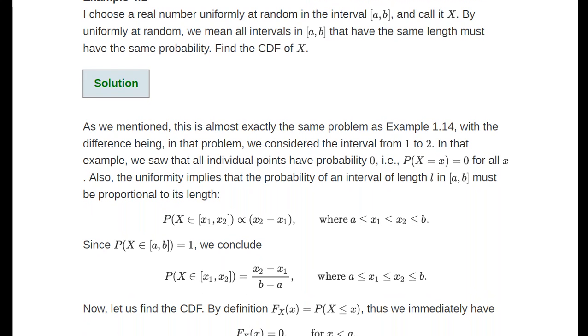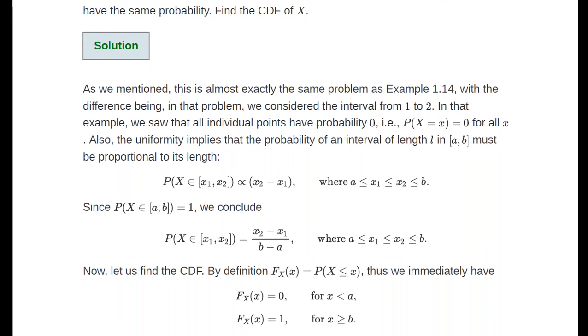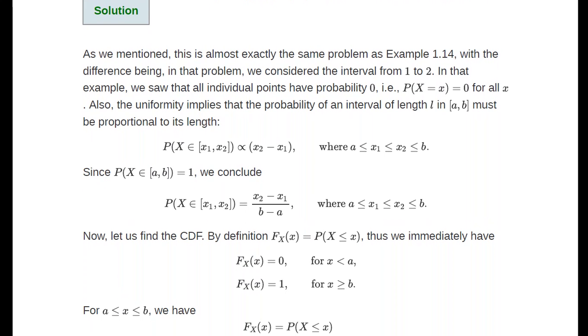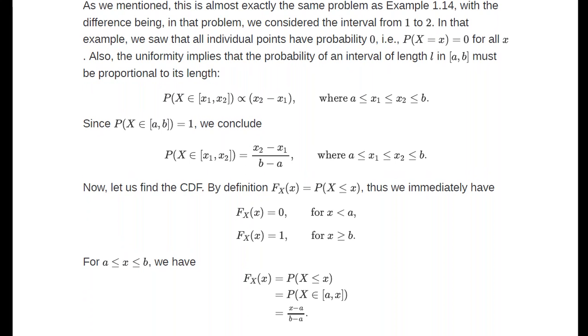As we mentioned, this is almost exactly the same problem as a previous example, with the difference being that in that problem we considered the interval from 1 to 2. In that example, we saw that all individual points have probability 0.